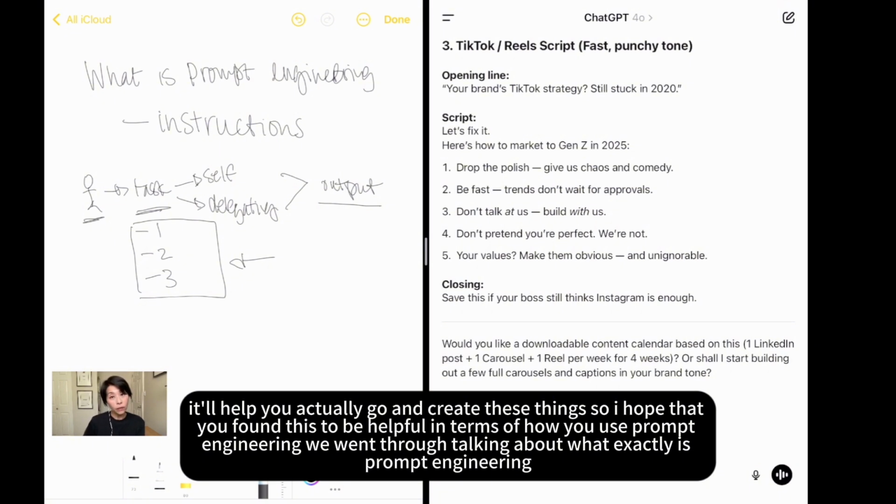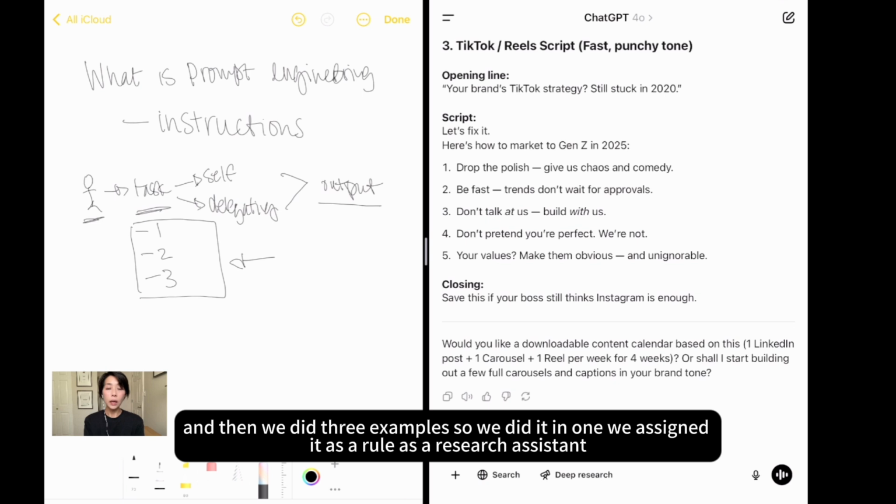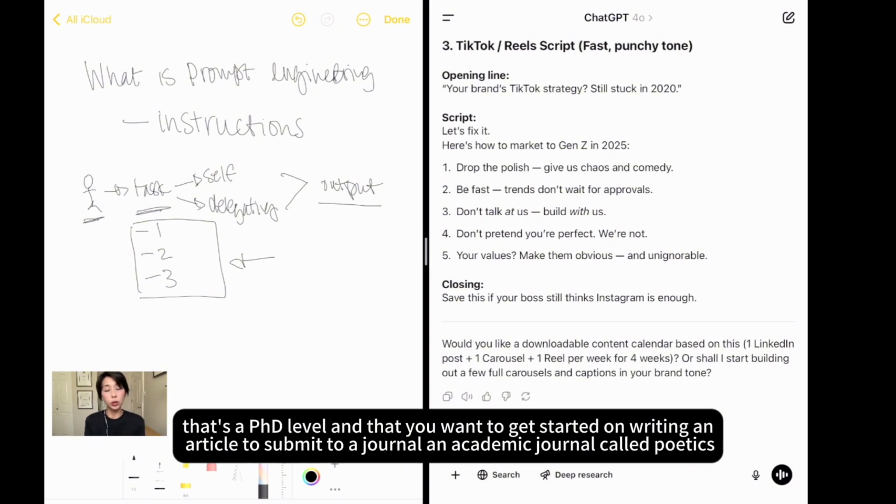So I hope that you found this helpful in terms of how you use prompt engineering. We talked about what exactly prompt engineering is, how it is now adopted even when we do a Google search, and how prompt engineering is not the same thing as doing a Google search. Then we did 3 examples. In one, we assigned it a role as a PhD-level research assistant who wants to get started on writing an article to submit to an academic journal called Poetics.